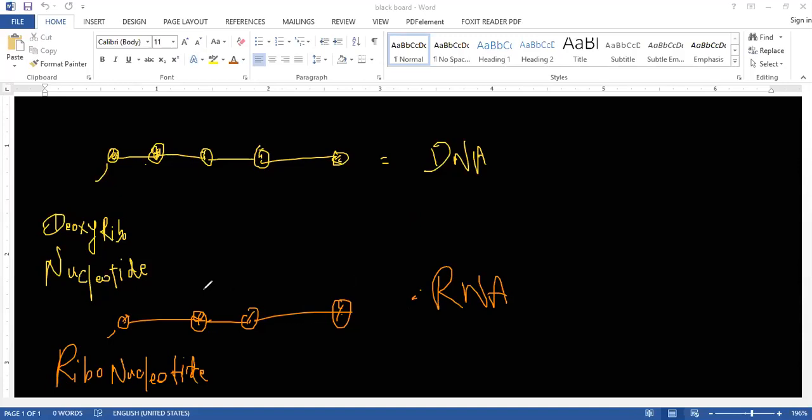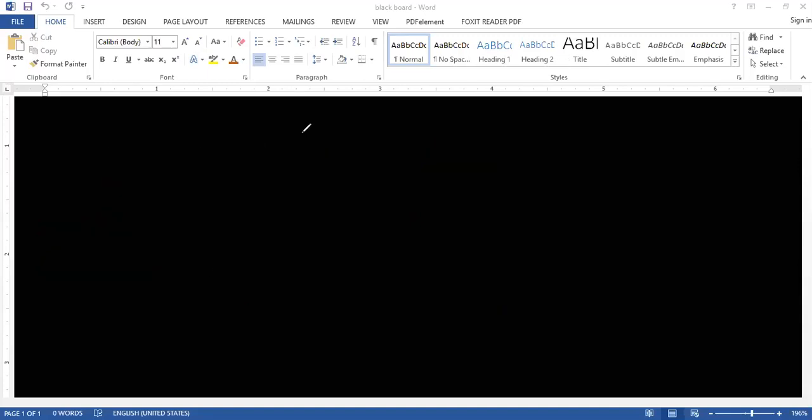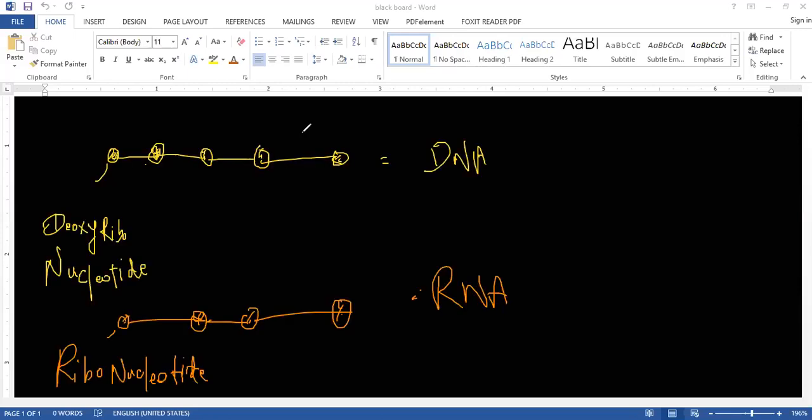Now I'm going to talk about something different about DNA. So look now, this is a DNA. If you look at this one, the collection of deoxyribonucleotides, one nucleotide, another deoxyribonucleotide, another, and lots of deoxyribonucleotides connect together and form DNA.